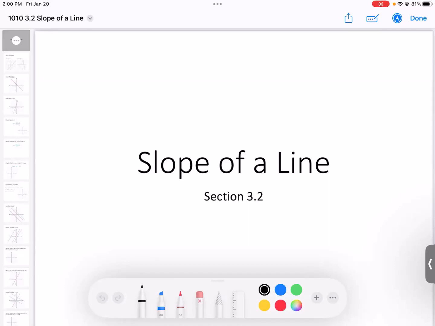So our lesson today is on section 3.2, which is about the slope of a line. In yesterday's class, we talked about how the solutions to a two-variable equation can be represented with a line. For example, if we had y equals x plus 1, there's an infinite number of solutions to that equation.